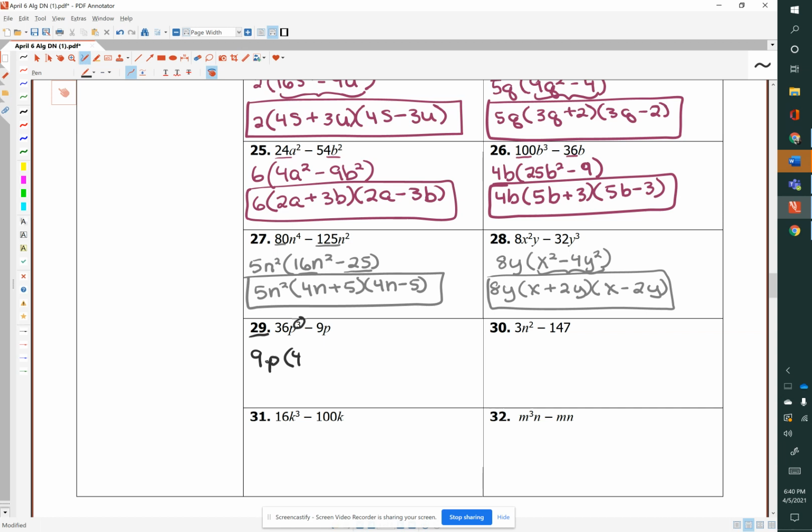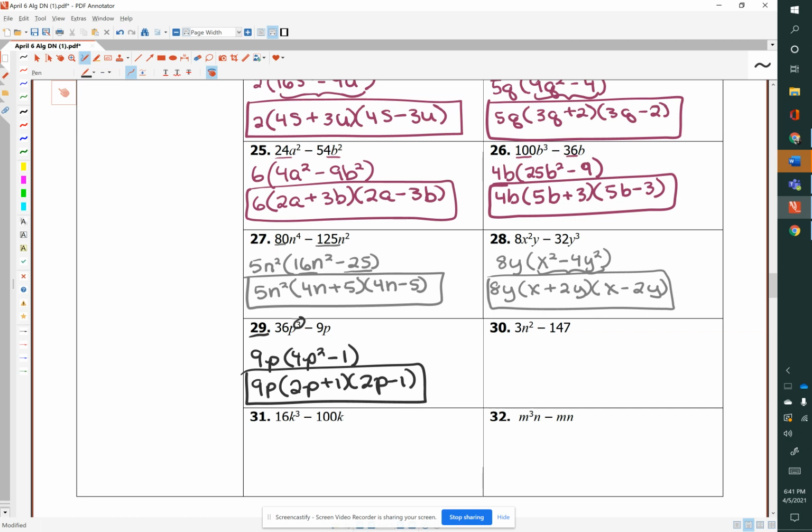And then p to the third divided by p is p squared minus, and then we factored out 9p, so we have to put a 1 there. So perfect, we have a difference of squares, so it would be 9p, and then multiplied by 2p plus 1, 2p minus 1.